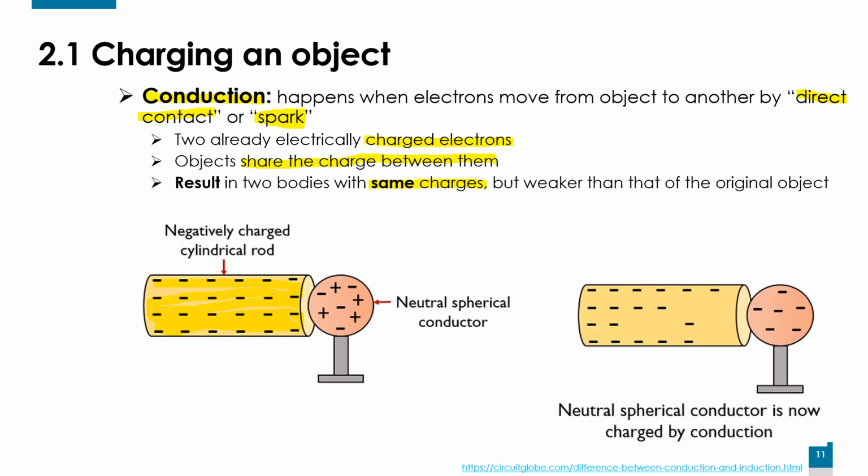The rod will lose some electrons and the neutral sphere will receive some of these electrons. In the end, both of them will have the same charge but with weaker force than before. It's like hot and cold. Both of them will be warm, in equilibrium with the same quantity of charge. This is conduction. Okay.